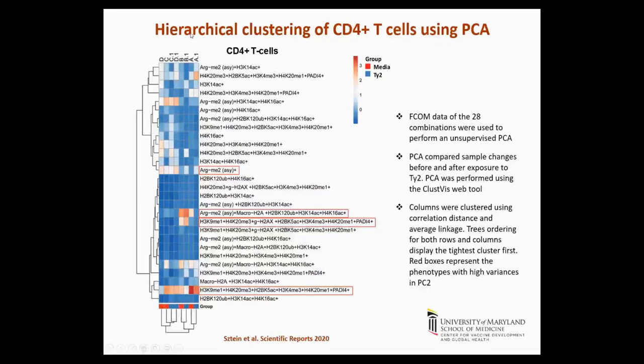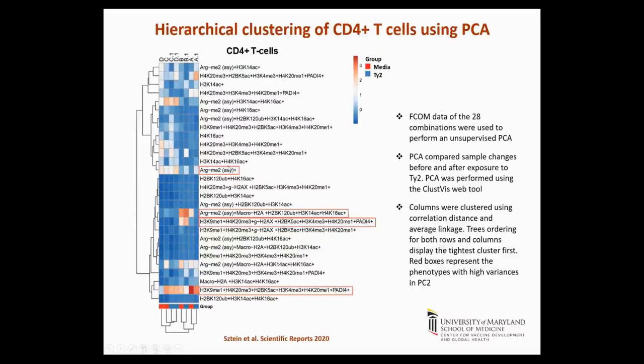If we go one step further in this multifunctional analysis and do hierarchical clustering of CD4 positive cells, which was done using principal component analysis, we can see, when we group by media or exposure to Salmonella Typhi, different increases.